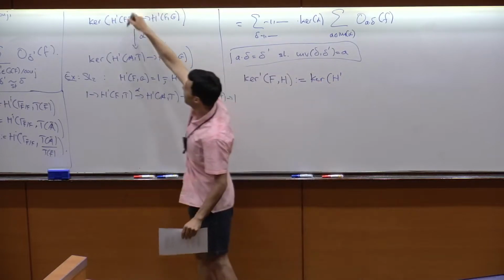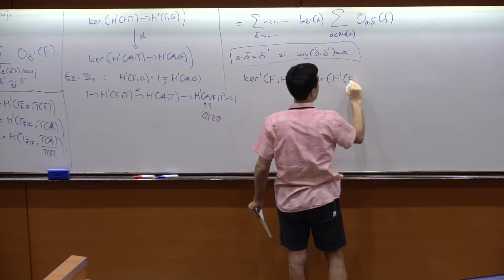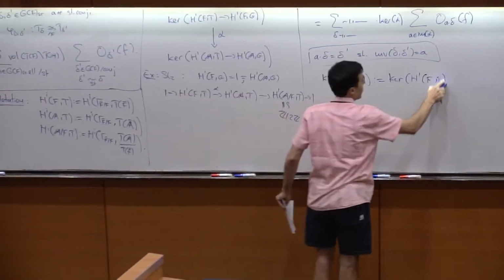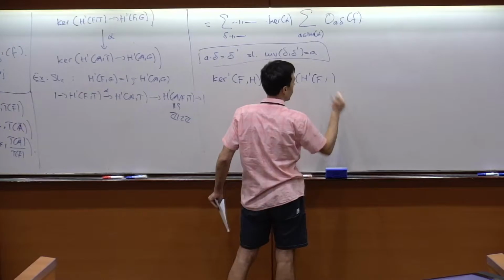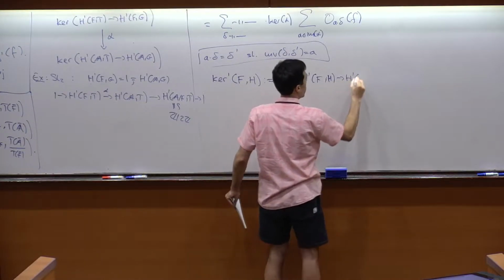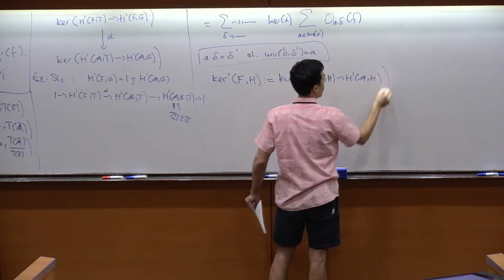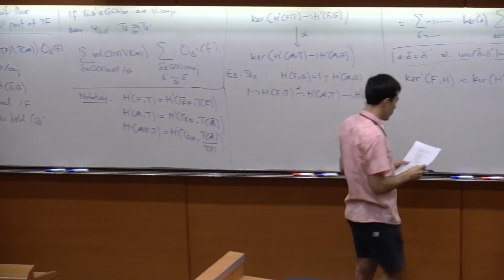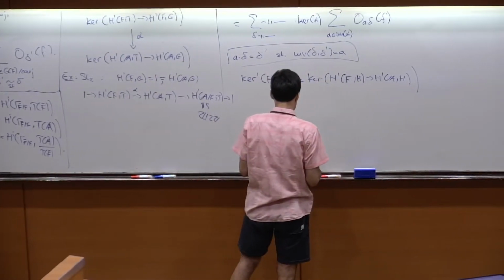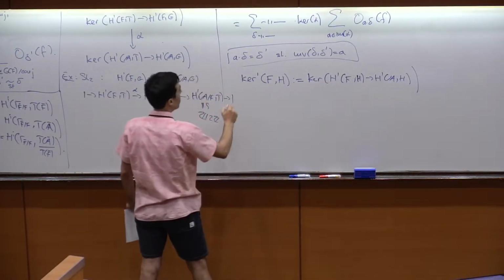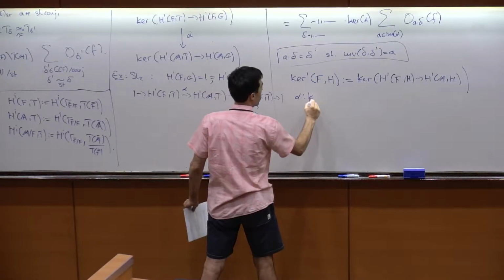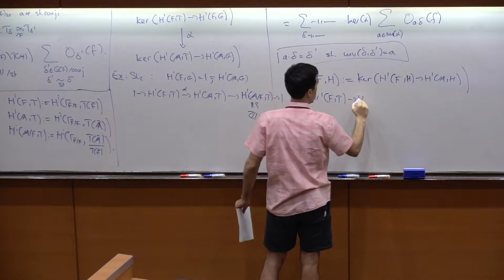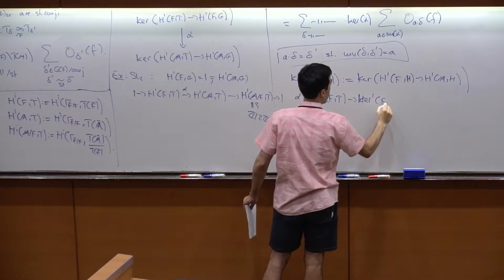It will be the kernel of the vertical map, the kernel of H1 FH into H1 AH. And so the map alpha that we're now looking at goes from Ker1 FT to Ker1 FG.